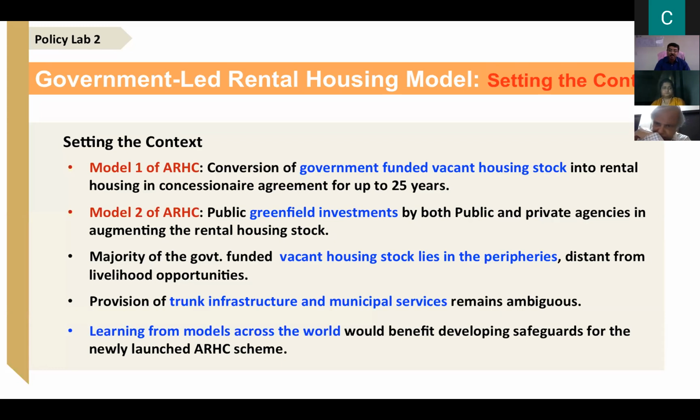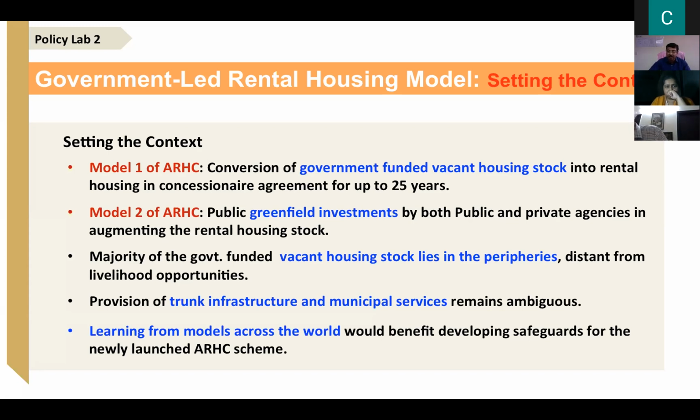But the issue is that the majority of government-funded vacant housing stock lies in the periphery. Our panelists will also speak on this, the distance from livelihood opportunities and whether people will shift. And second, there is the issue of trunk infrastructure and municipal services.